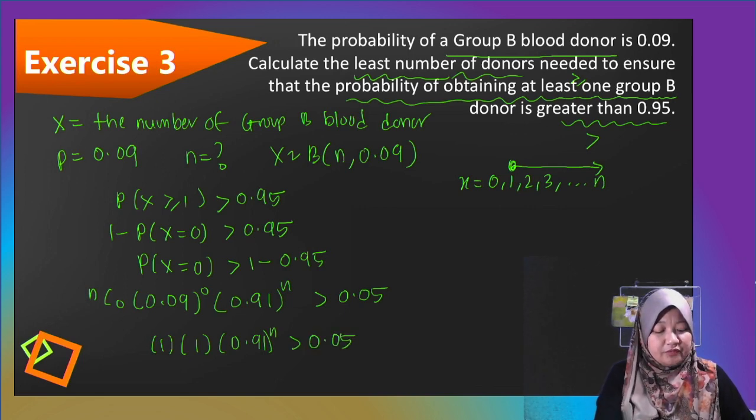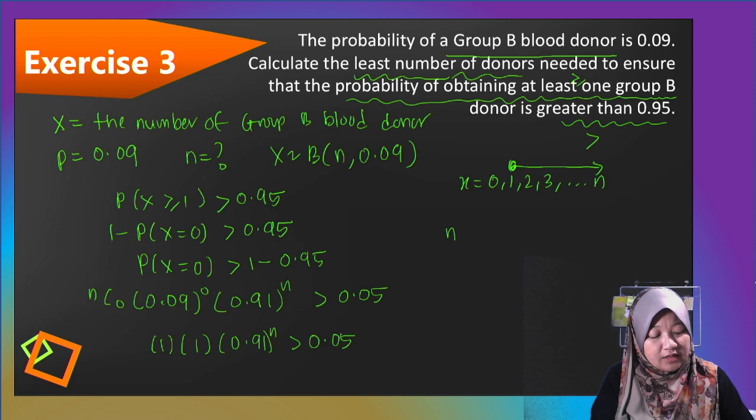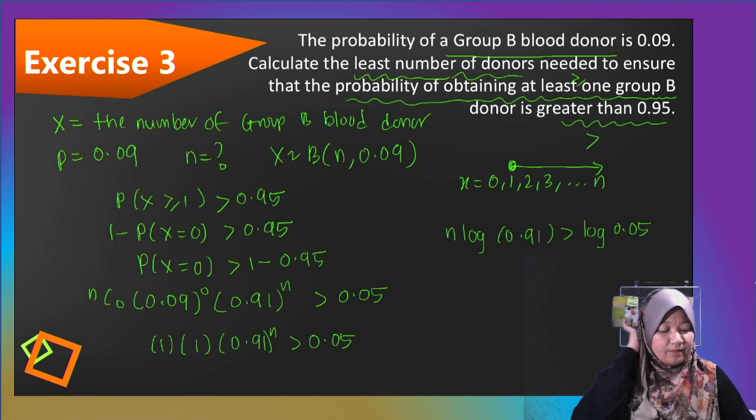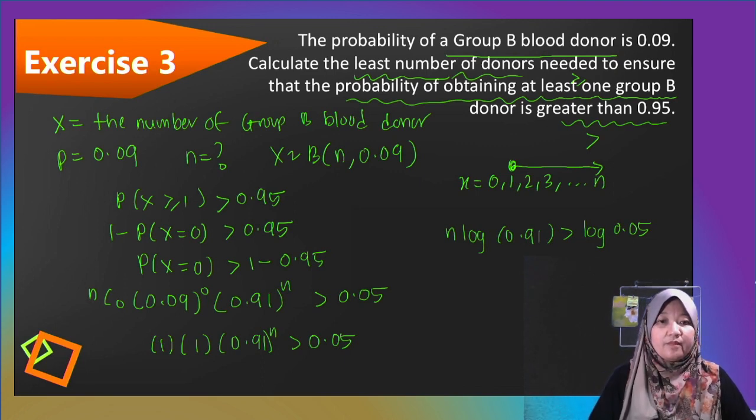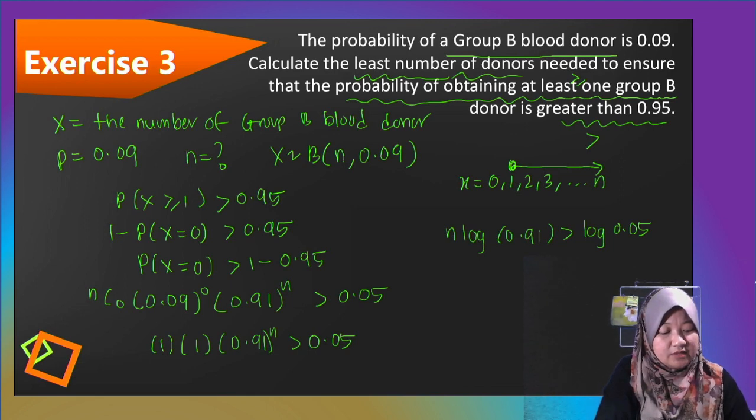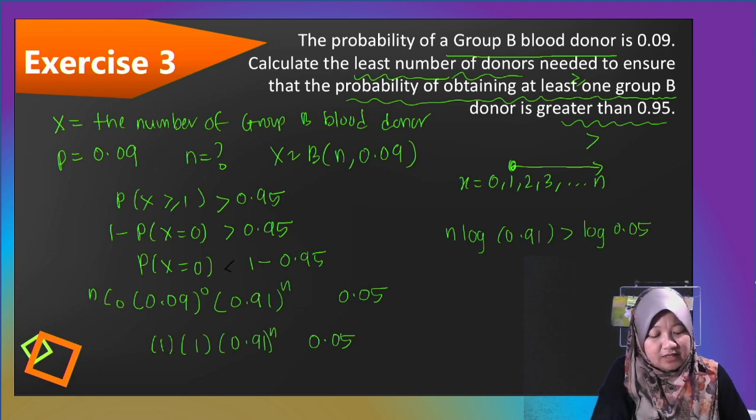Okay, so to find N, we put log both sides. N log 0.91 greater than log 0.05. Oh, saya silap sikit dekat sini. Saya silap tanda dekat sini. Sepatutnya tadi di sini adalah less than.